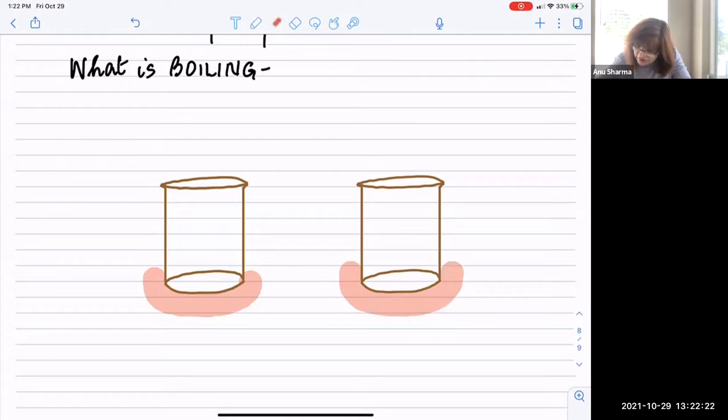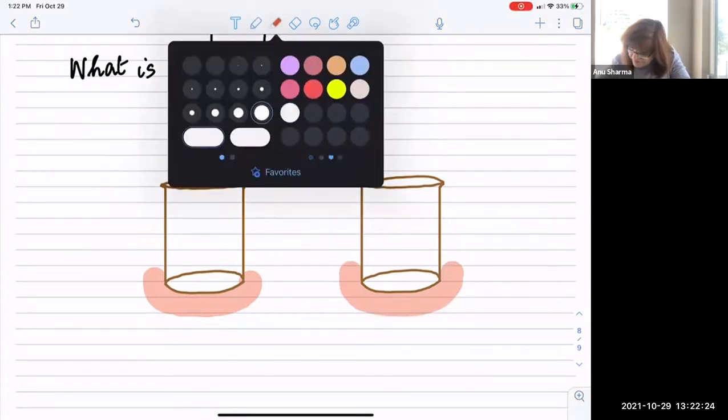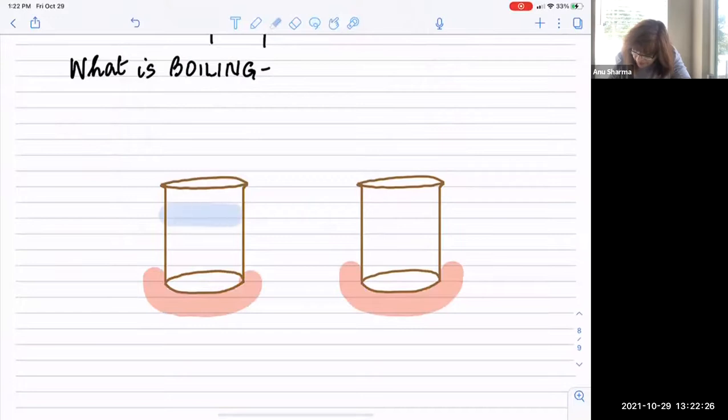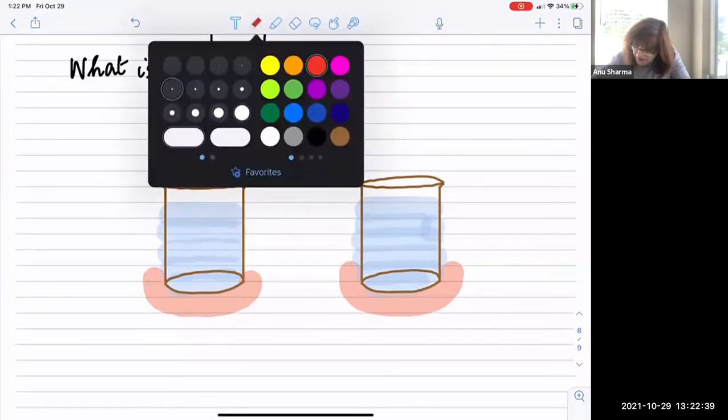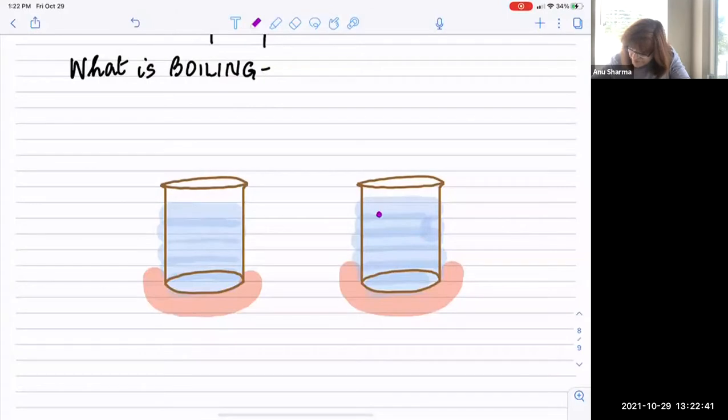So here's the pure water, absolutely nothing, all clean. And here's water which has other particles, so let's make these particles here. There are sodium chloride particles right here.